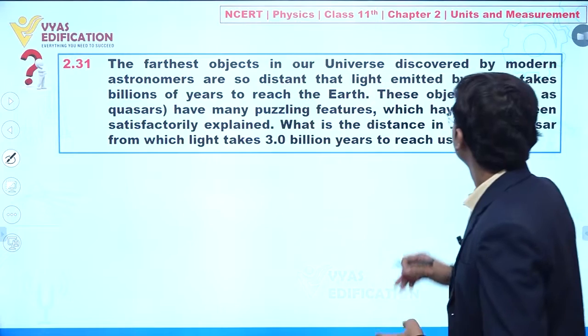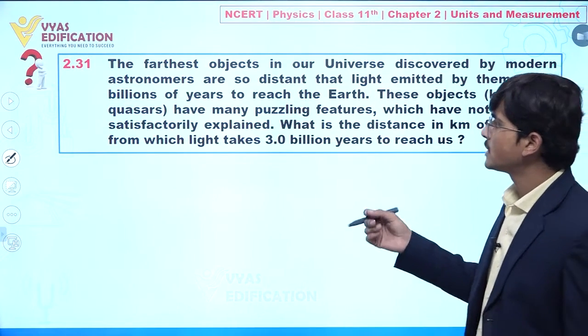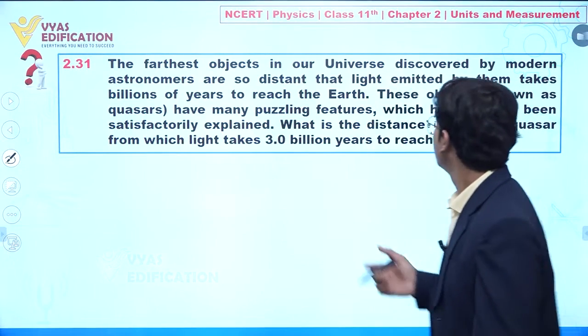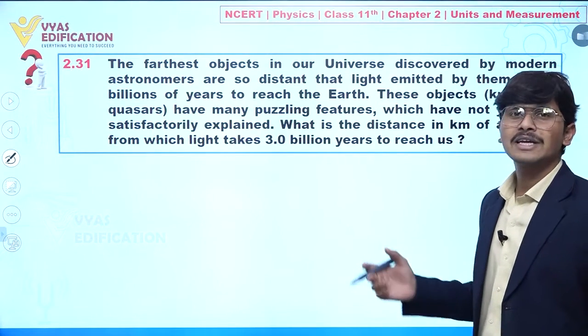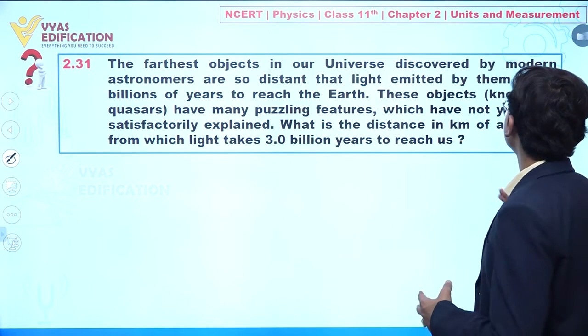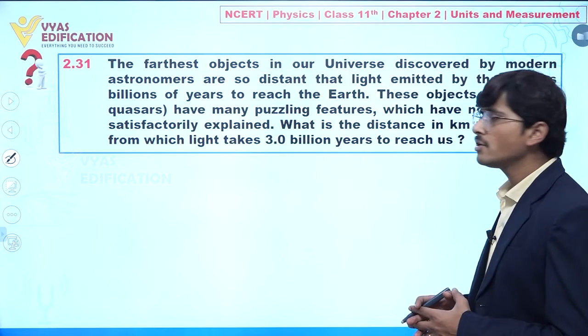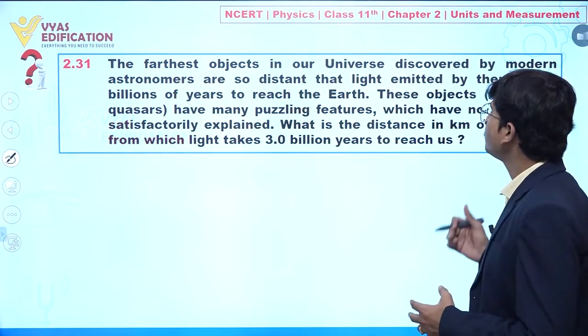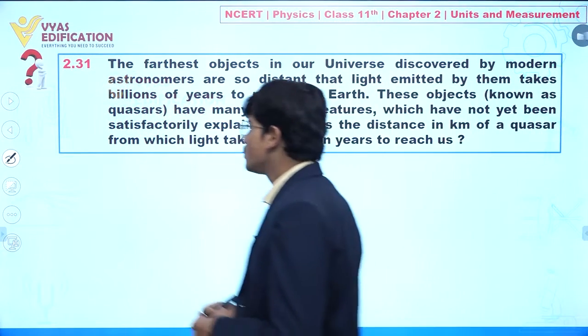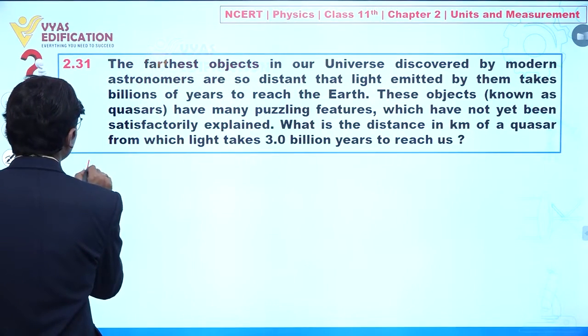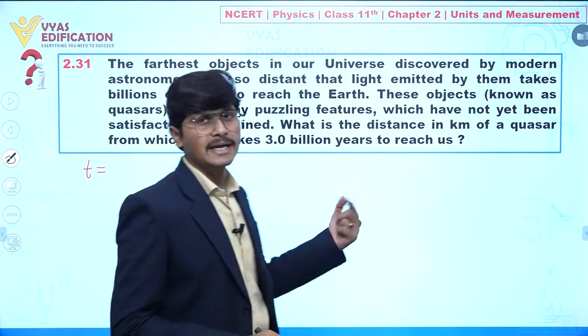These objects, known as quasars, have many puzzling features which have not been satisfactorily explained. What is the distance in kilometer of a quasar from which light takes 3 billion years to reach us?